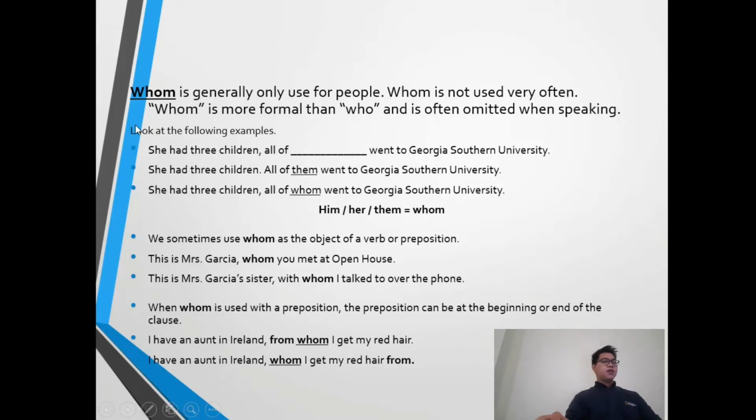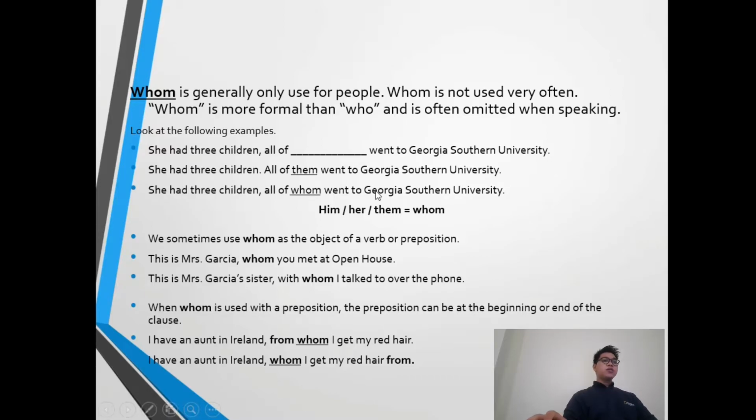Look at the following example. She had 3 children, all of whom went to Georgia Southern University. The original sentences are like this before we put in the relative pronoun: She had 3 children.